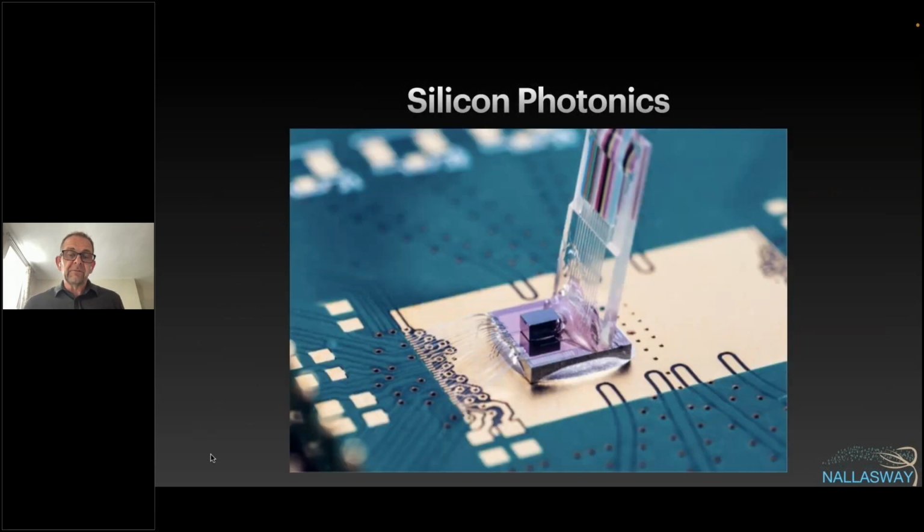Okay, so let's delve a little bit more into this interconnect. So then we've got the silicon photonics. One of the things that I've always been thinking about is, we've got this world of co-packaged optics that we're moving towards. We've talked about near packaged optics, and we've talked about electrical. We want to stay electrical as much as possible. It's cheap and effective.